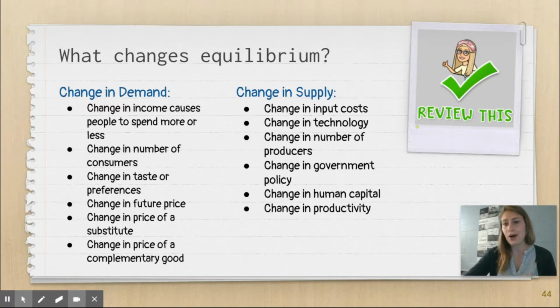Our change in human capital, are we educating our citizens? Are we providing them the effective training to get the job done? And then a change in productivity. So when we think about our shifts of equilibrium, these are the outside forces that will cause either a change in demand or a change in supply. Now, based on this shift is how our equilibrium will change.